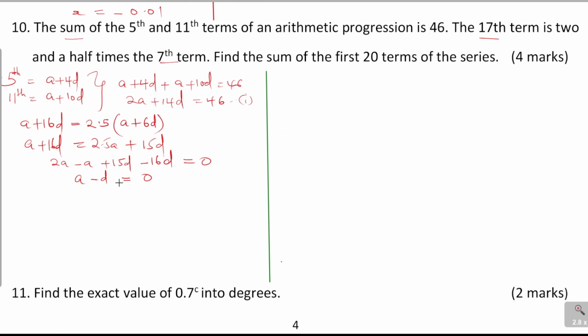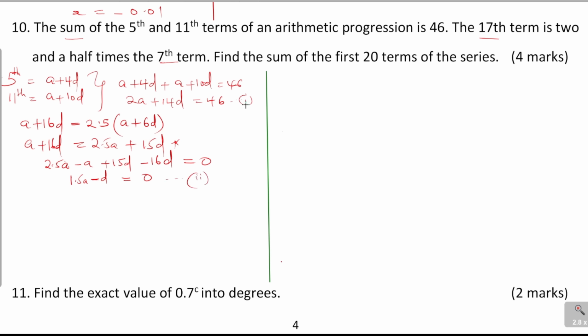There's something I've not written here: 2.5a, I had omitted that. So 2.5a minus a, that will give 1.5a. Then 15d minus 16d gives minus d. So here we have the second equation.